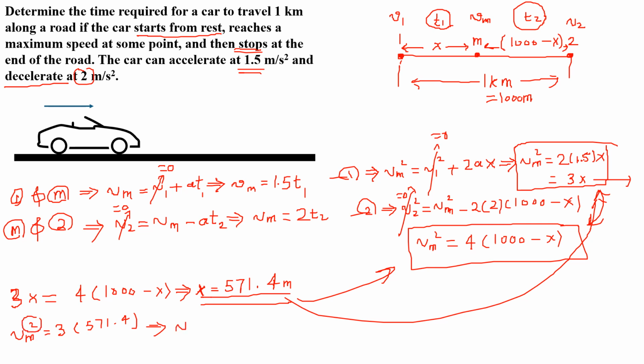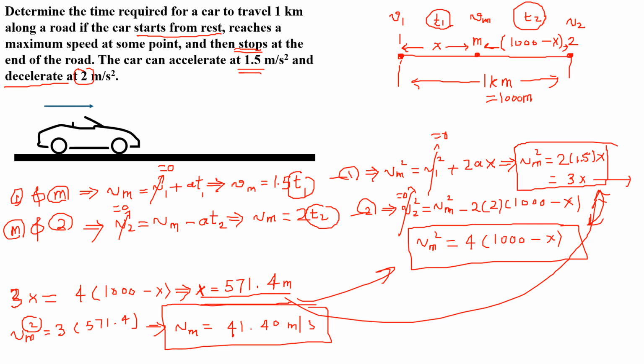I'll get Vm here equal to, to four significant numbers, 41.40 meter per second. So I have got the maximum velocity at that point, and now I can find T1 and T2.